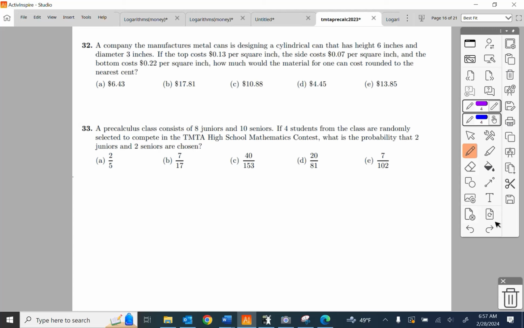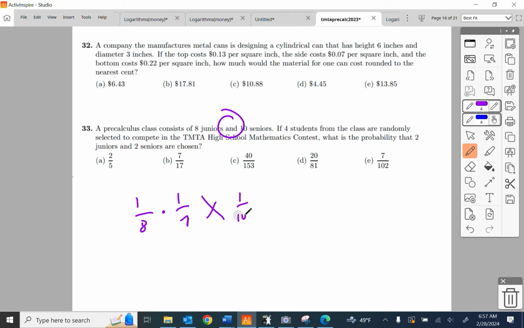So let's talk about picking kids. The first choice I get to make is I can pick 1 of 8 juniors, and the next choice I get to make is 1 of 7 juniors, because I've pulled 1 from the pool. All right, that handles the juniors. I have the keyword and, so I'm going to be doing some more multiplication. Talk about the seniors.